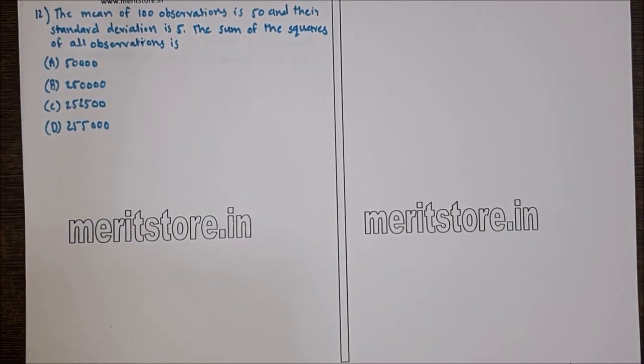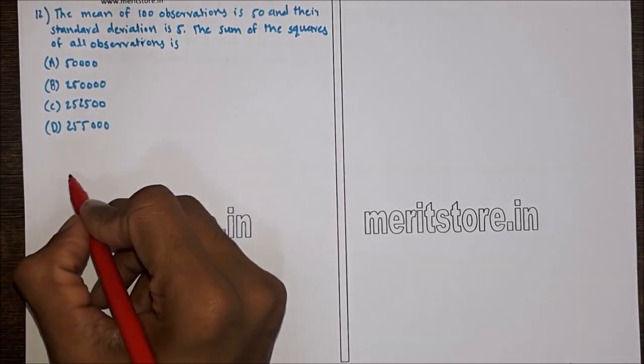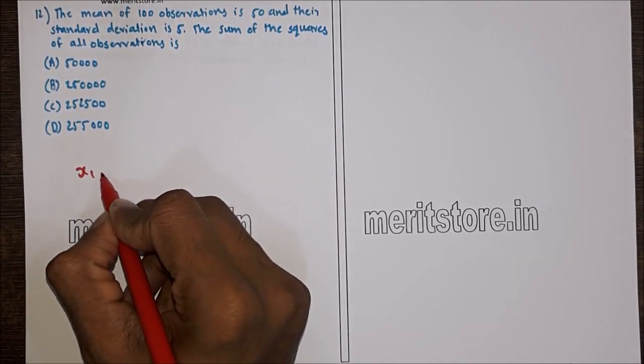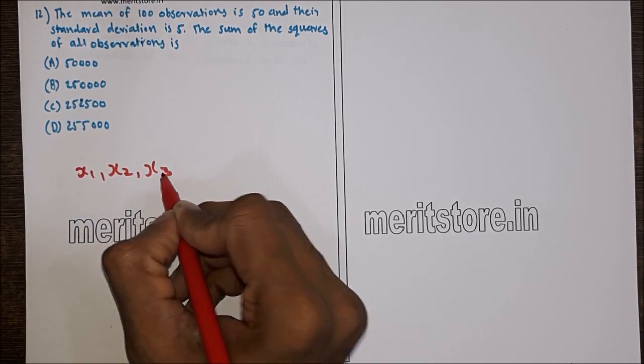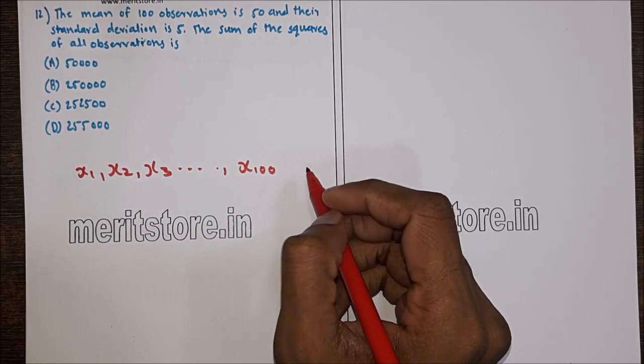Question 12. The mean of 100 observations is 50 and the standard deviation is 5. The sum of the squares of all observations is, we have given 4 options. Let x1, x2, x3 continuing till x100 be 100 observations.